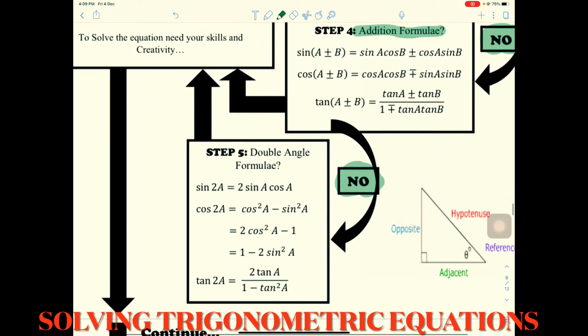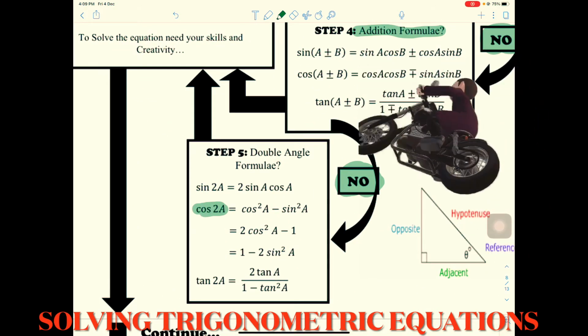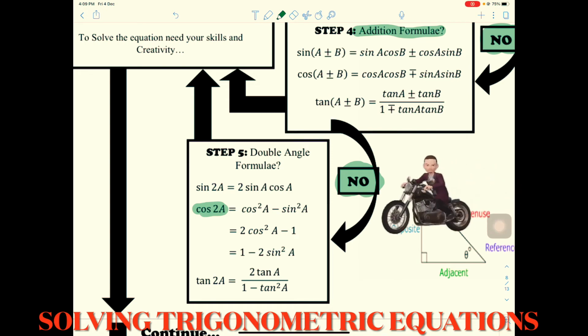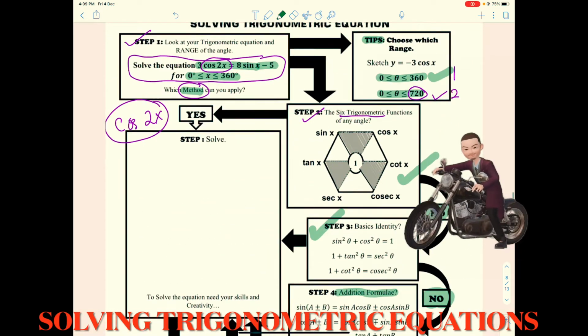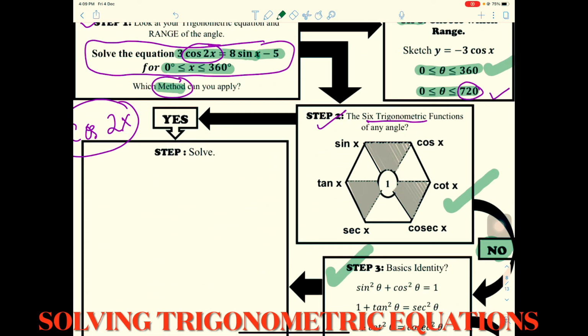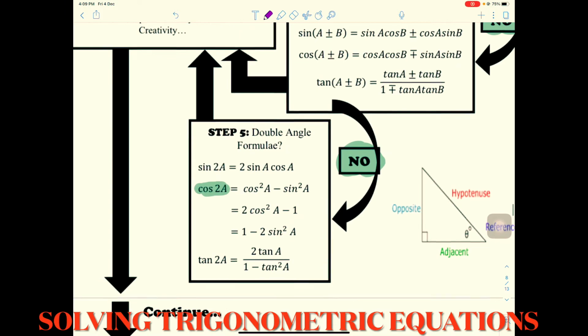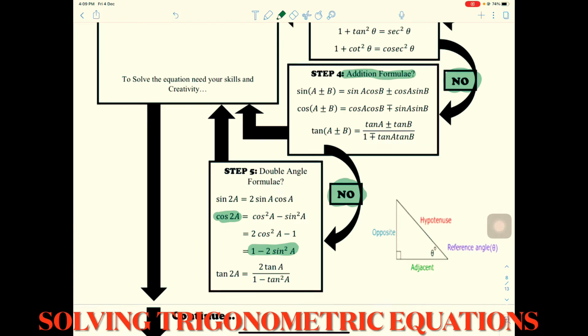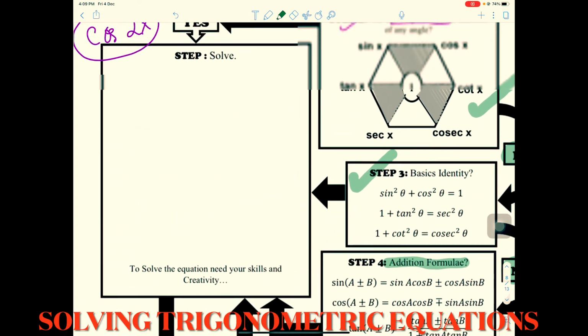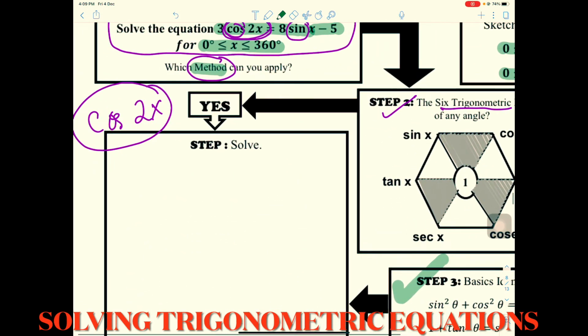And the double angle formula: there is the cos 2A formula that we are going to use. This formula is only between cos and sine. If we want to substitute cos 2x, we must select the form that has sine, so the answer is 1 minus 2 sine squared x.